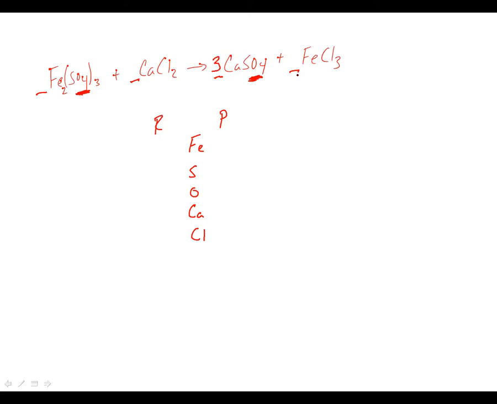So we go to the left-hand side for calcium, giving us 3 calciums, and also now 6 chlorines. To fix that, we come to the other side and put a 2 in front, which gives us the 6 chlorines that we need. It also gives us 2 irons, which we already have on that side.